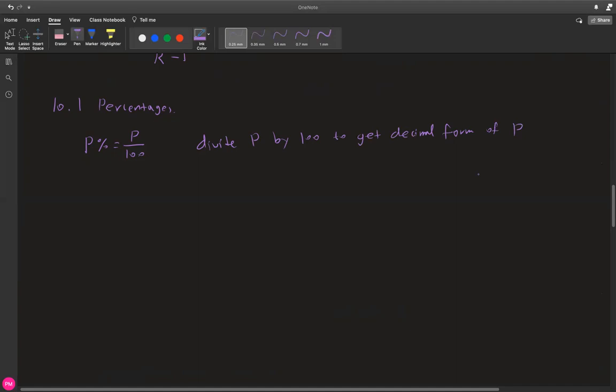What else did we do here? I think we also did the final value, same as here, the percentage increase or decrease.